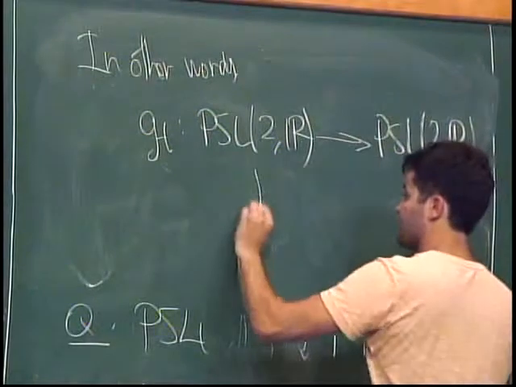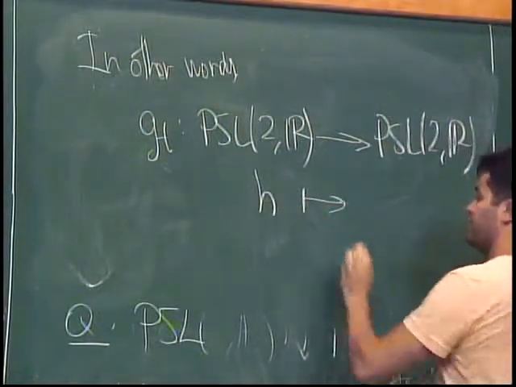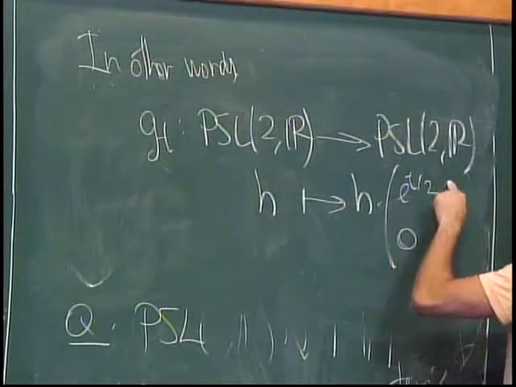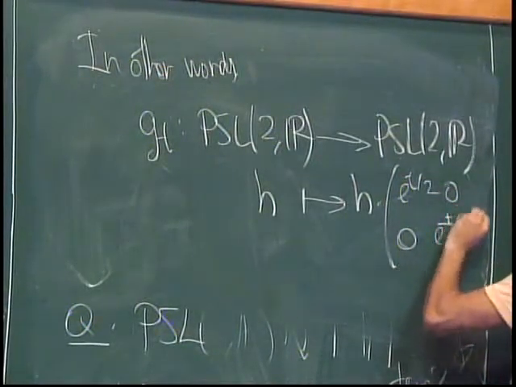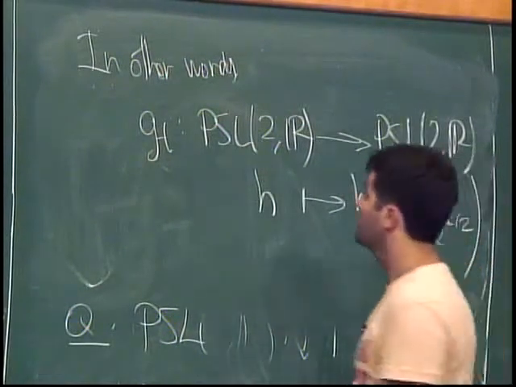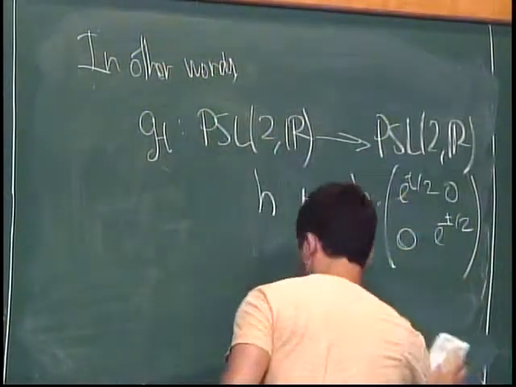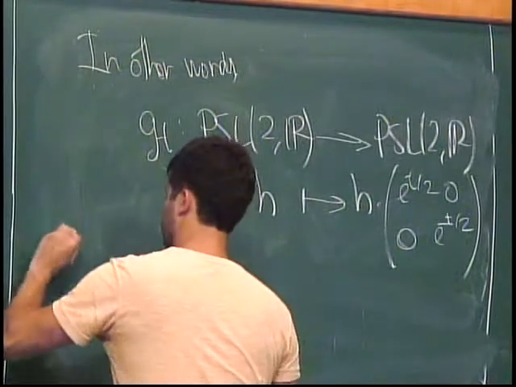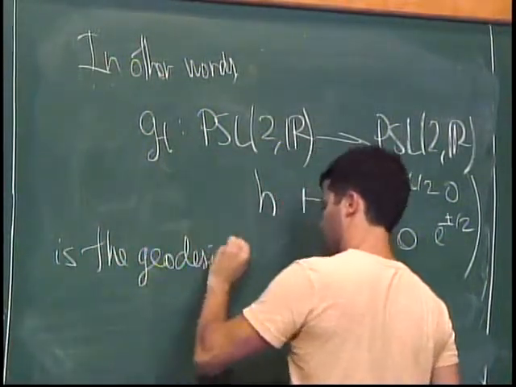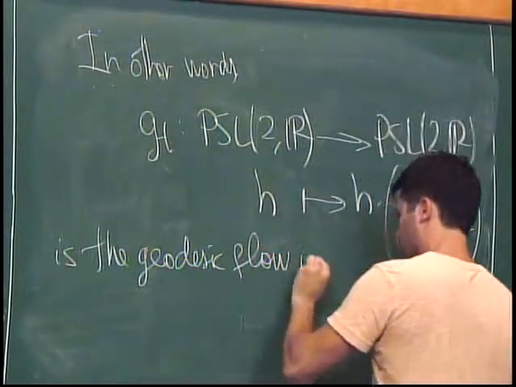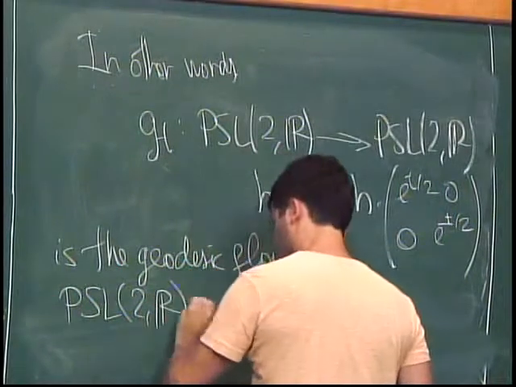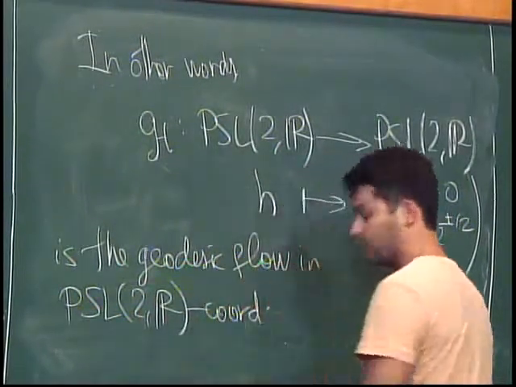And what it does is to get one matrix of PSL2R and multiply on the right by this diagonal matrix here. Okay? This is the geodesic flow in PSL2R coordinates. Good?